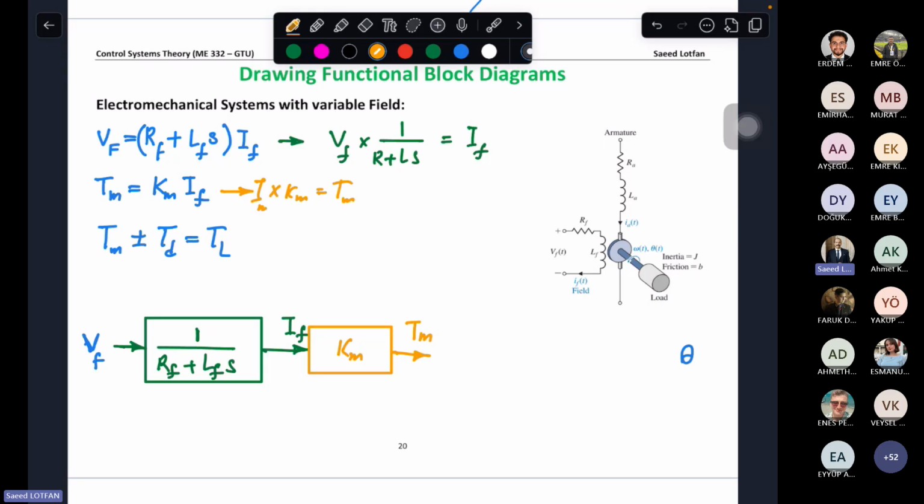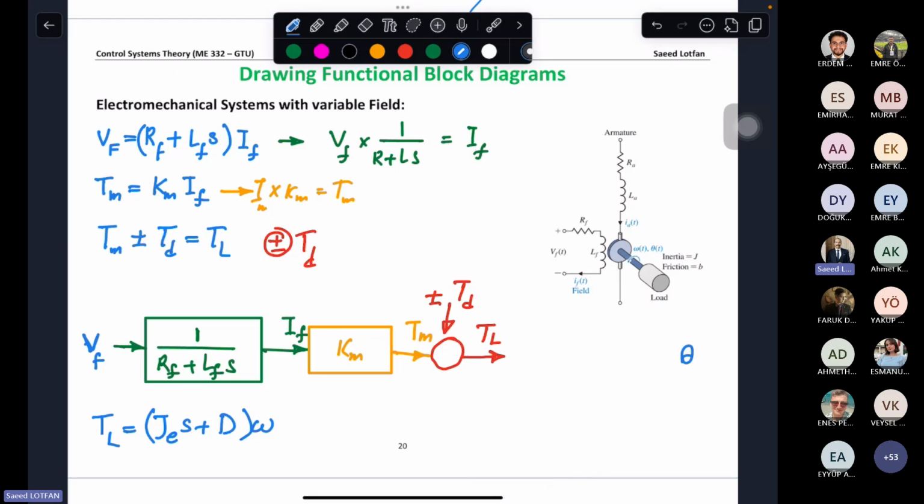Then TM is disturbed by some disturbance and gives me T load. Then I know that T load is J equivalent s plus D times omega.